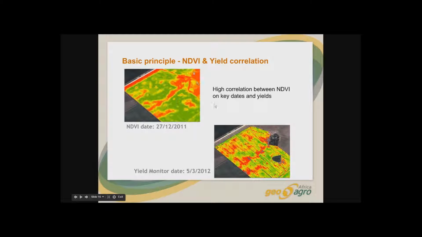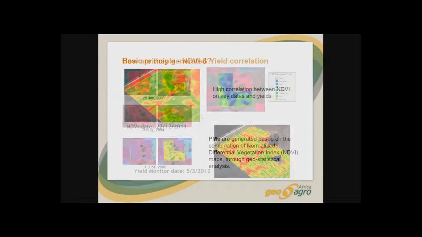But there's a high correlation between NDVI and yields. In most of the extensive crops that we use this method for, corn, wheat, canola, and soybean to a certain extent, all those crops show the same performance. Rice, of course, cotton, so there are a number of crops that have the same behavior.